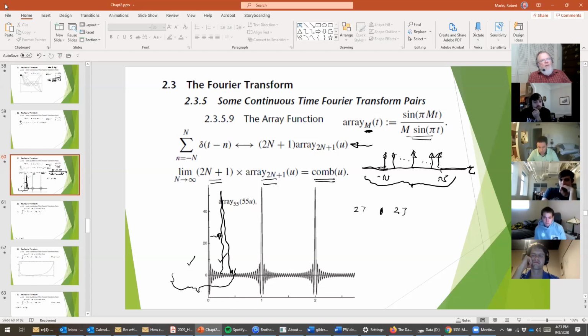You mess around with the phase delivered to each antenna in order to steer the beam. And you are able then to move this main beam around to the left and the right and steer it to different directions. So that's the array function. Very, very cool function.